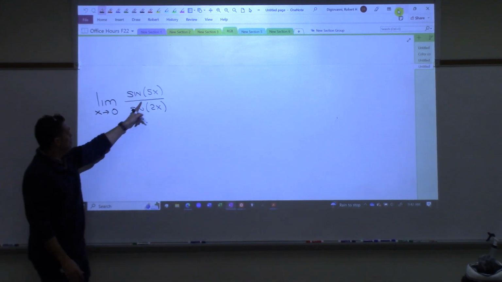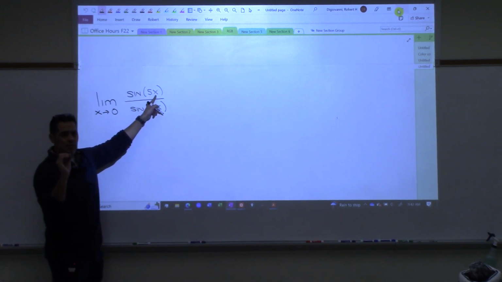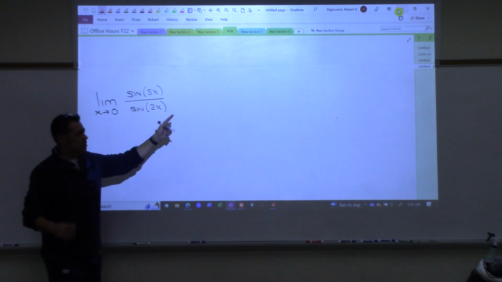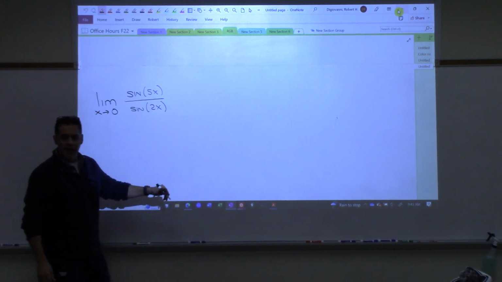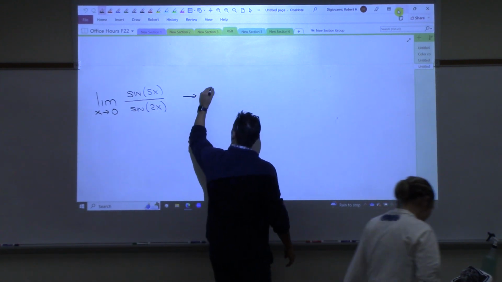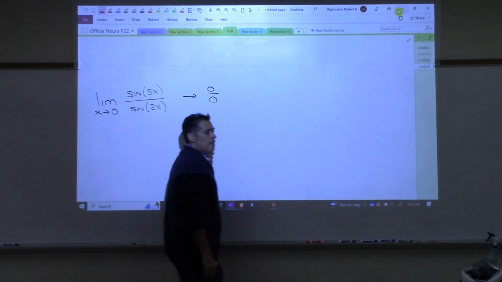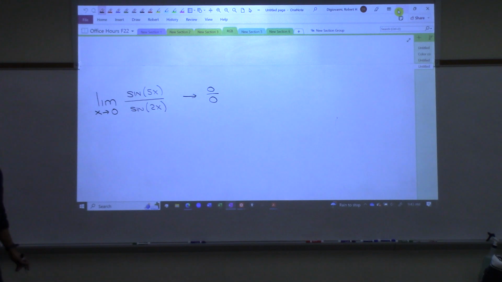X goes to 0. 5 times 0 is 0. Sine of 0 is 0. On the bottom, 2 times 0 is 0. Sine of 0 is 0. So we do get 0 over 0. All right, so maybe we can do the sine junk over junk thing, right? Maybe.